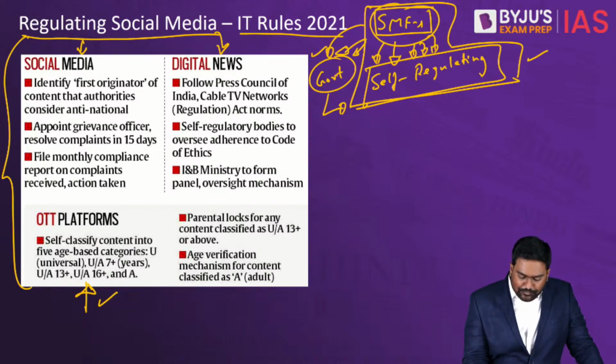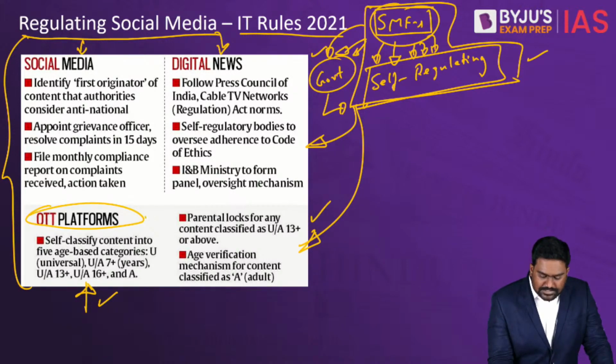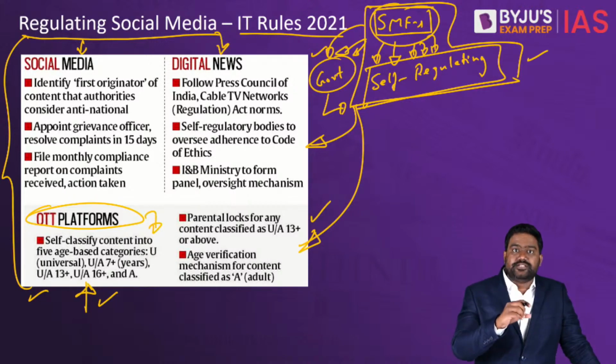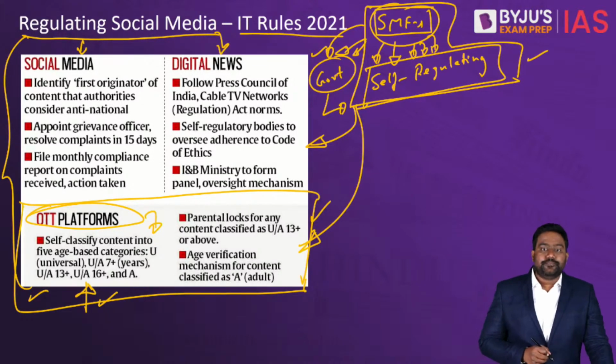The government provided for self-regulation for digital media and OTT platforms. For OTT platforms like Netflix, Hotstar, etc., self-regulation was promoted within the industry, within each company. And the Ministry of Information and Broadcasting gave itself regulatory powers over OTT platforms.